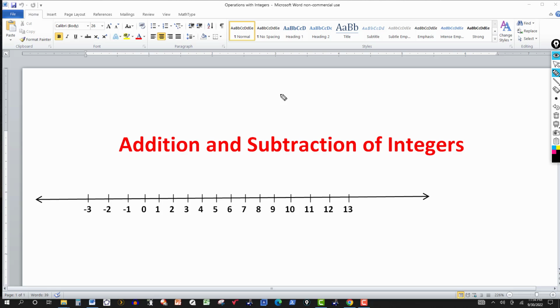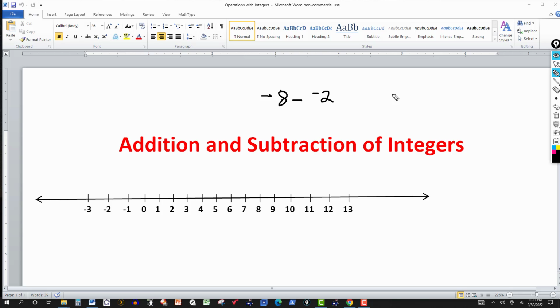Now let's look at one like this. Minus 8 subtract a negative 2. So again, when you're just doing regular addition of signed numbers or integers, if the numbers have the same sign, both positive or both negative, just disregard the sign and add the numbers. And then whatever the sign is, you bring it along.